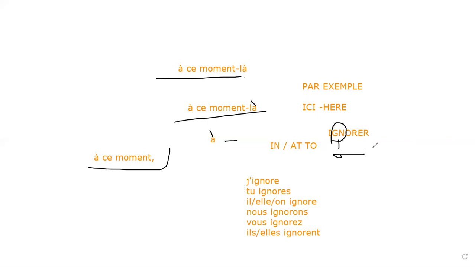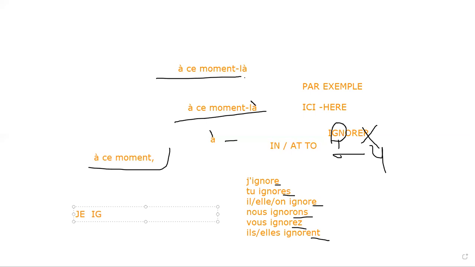But what is the formula of an E ending verb? E, ES, E, ONS, EZ, ENT. One thing you have to understand. Now we have je, which is I, and ignore.